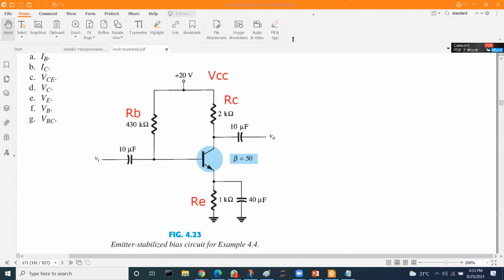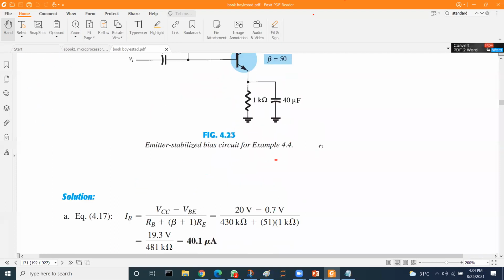And beta is already given to us. So 1, 2, 3, 4, 5 values which are required are given to us. Now we need just to use the formula and put these values into the formula.